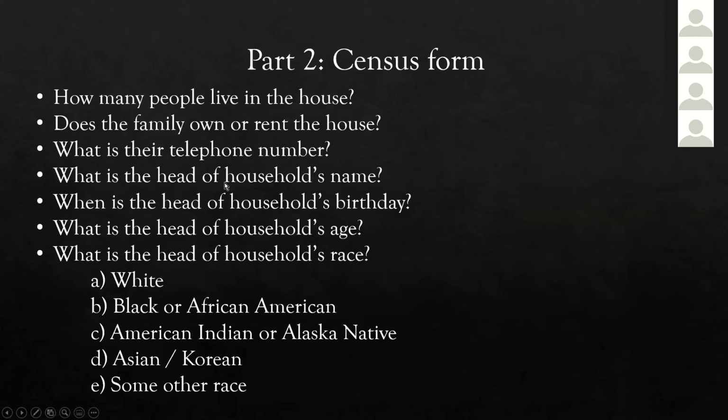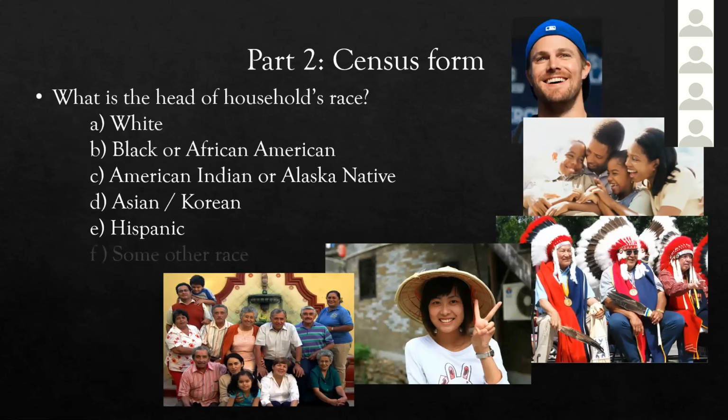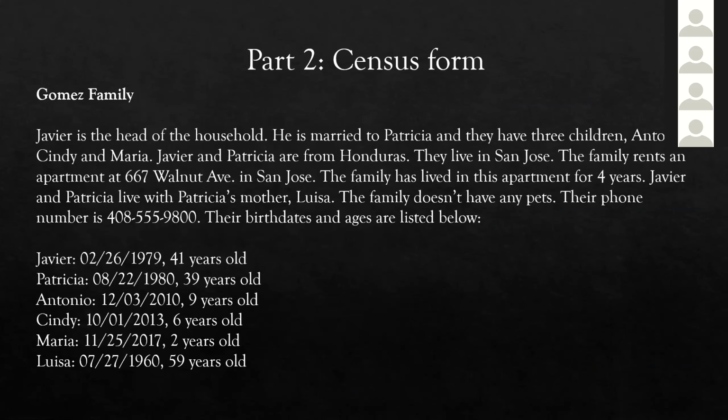What is the head of household's name? Birthday, age, race. And then they will give you a reading. The reading will be a little bit like this, Yi family, or maybe Gomez. Or maybe they will also give you a different family.